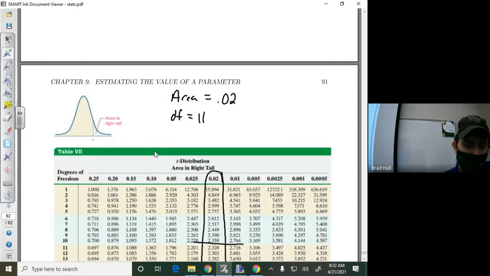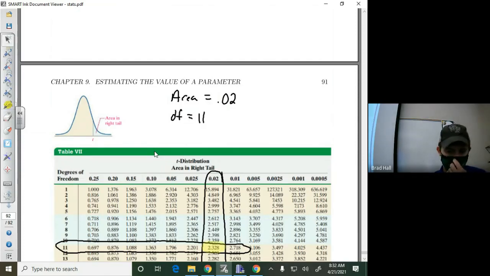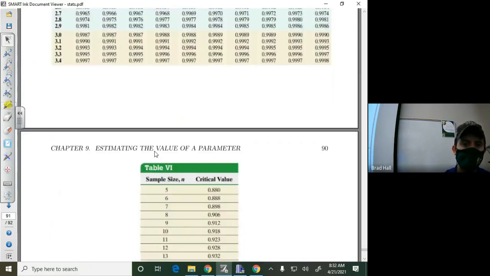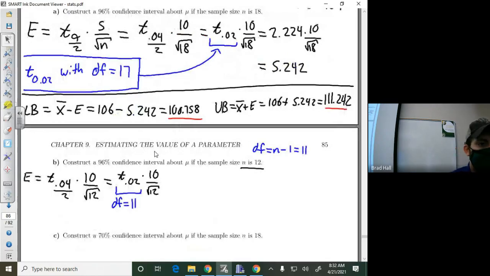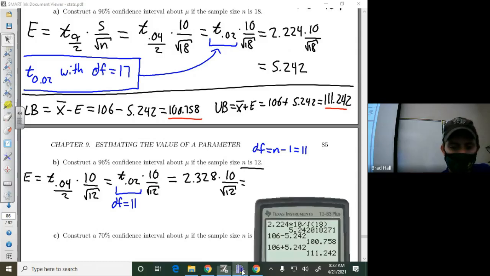So now, looking at this row, it looks like that is 2.328. Times 10 over the square root of 12, which we can quickly plug into the calculator.